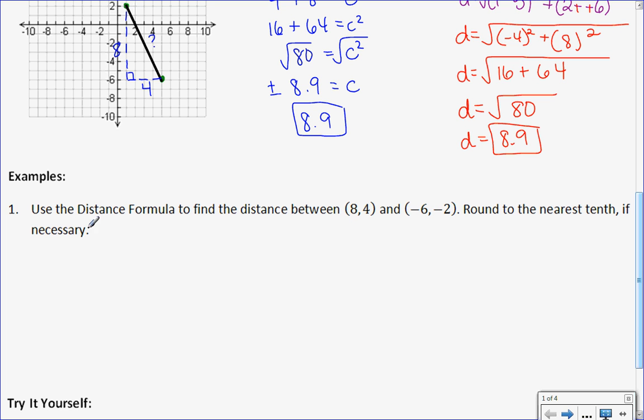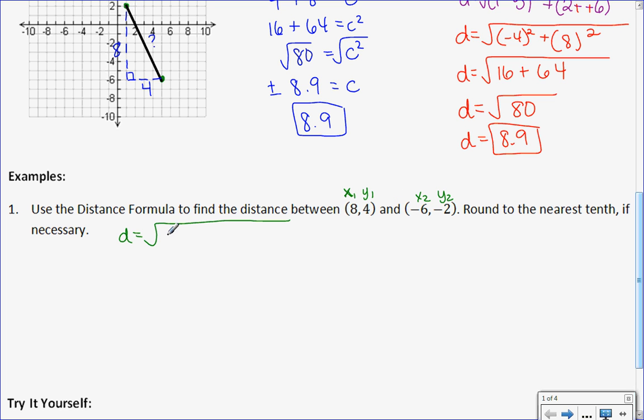So example 1 says, use the distance formula to find the distance between (8, 4) and (negative 6, negative 2). Round to the nearest tenth if necessary. Okay, so in the formula, remember the first thing we need is to label the points so that we make sure the right numbers go in the right places. So this is x1, y1, x2, y2.